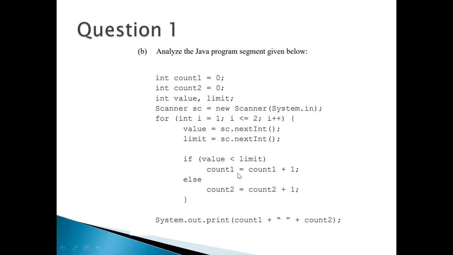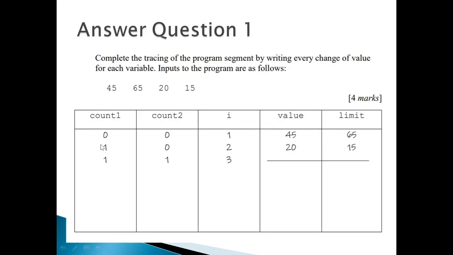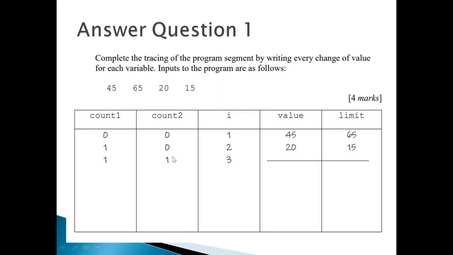When it's true, count 1 accumulates and becomes 1, so we put 1. Count 2 remains 0. Then I is updated and becomes 2.